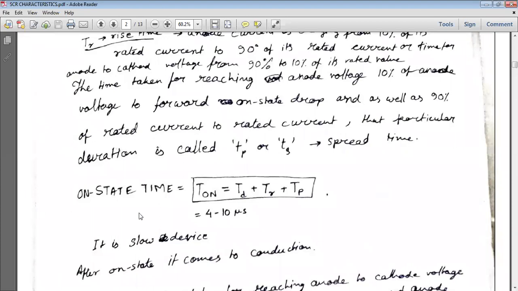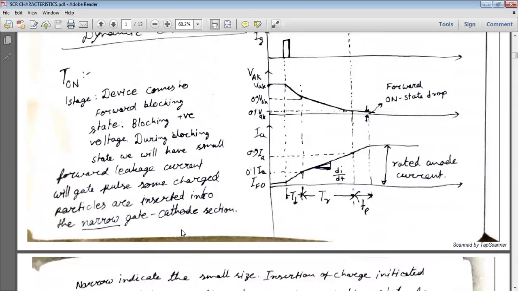After the on state it comes to conduction. As you can see, this is the on state, this is the conduction state. Clear? Now what is TD? TD is the delay time, the time taken for the anode to cathode voltage to fall from 100% to 90% of its rated value, and the anode current to rise from its forward leakage current to 10% of its rated anode current.